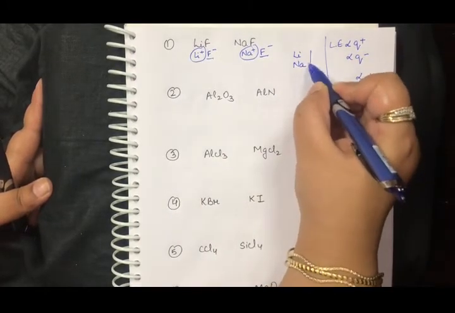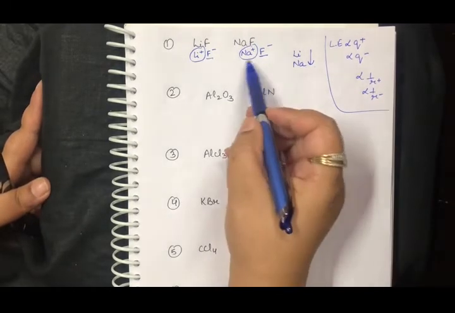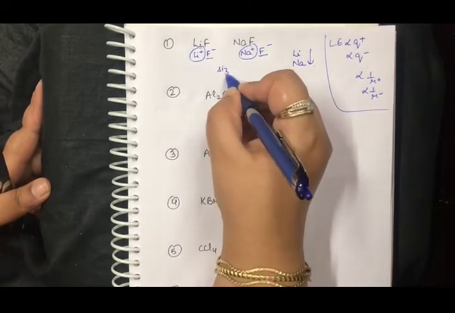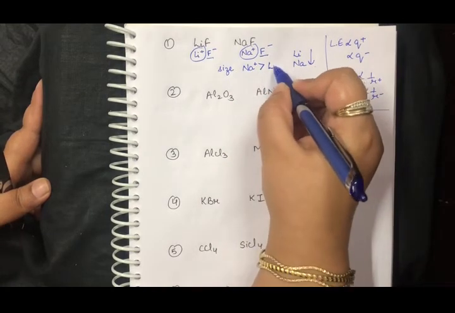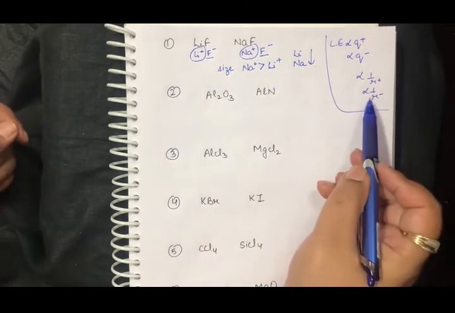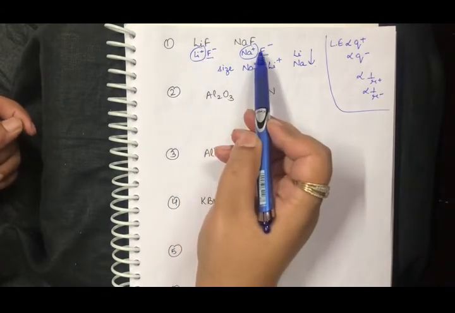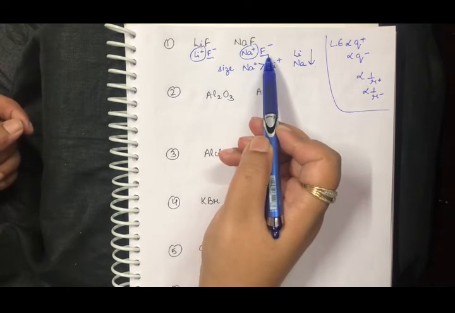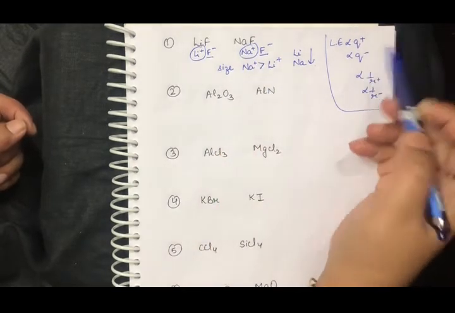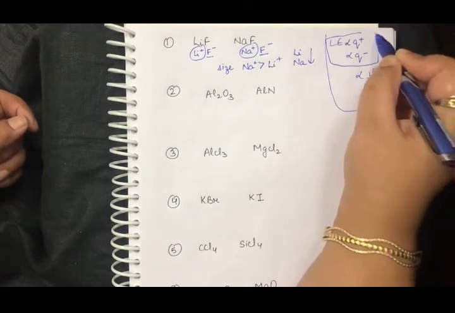And as we go down the group, the size increases. So which has the larger size? In terms of size, Na plus is bigger than Li plus. Why am I directly moving to the size? Because the charge on the cation is also the same. So firstly I ignored the ion which was the same. Then I moved to the charge, because that is my main factor that I have to study.